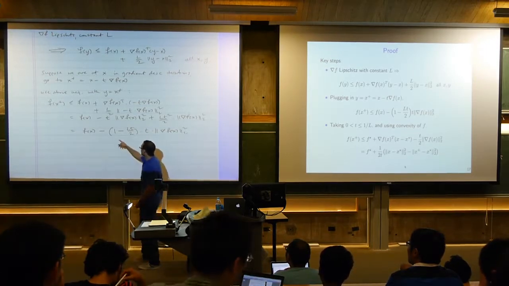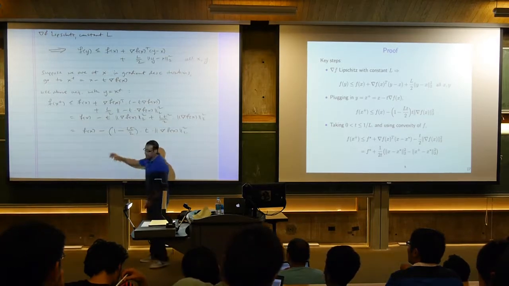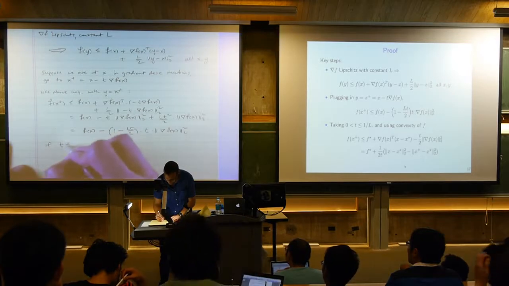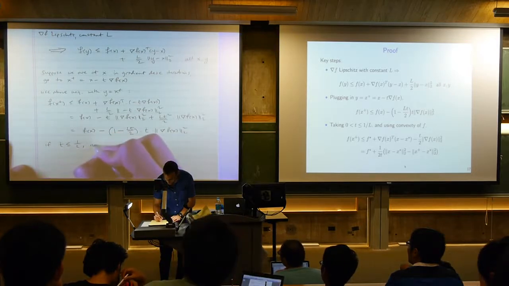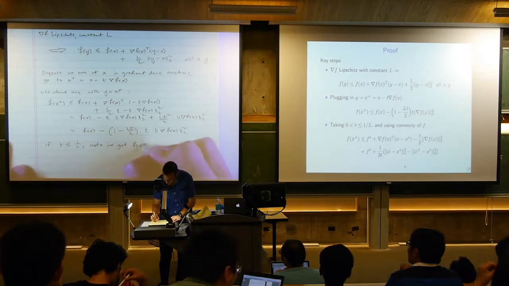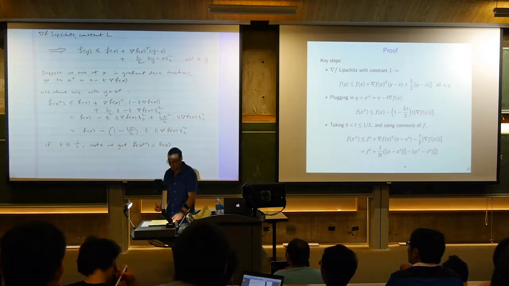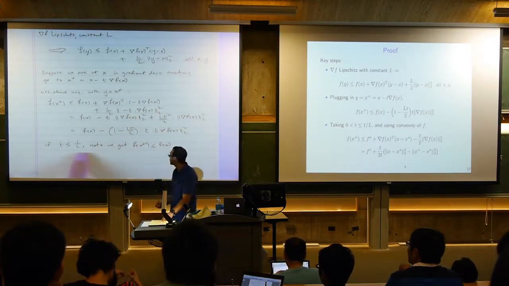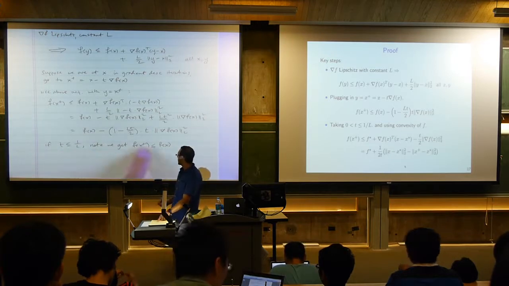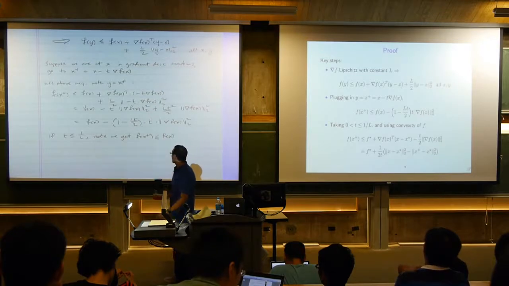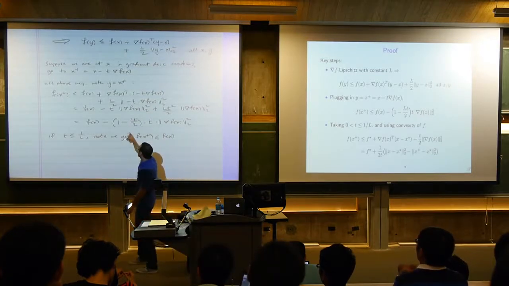And we have something quite nice, because if t is less than or equal to 1 over L, we get f of x plus less than or equal to f of x. If t is strictly less than 1 over L, we get strict descent.